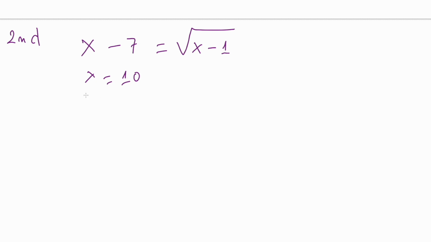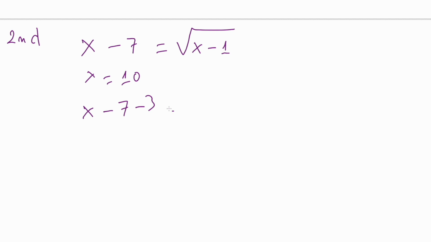And then what is next? When x equals 10, you will have on the left side x minus 7. So you need to match it with 3, like x minus 7 minus 3, and it will become x minus 10. When x minus 10, it will become 0 on the left side.